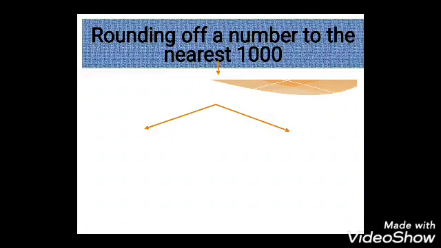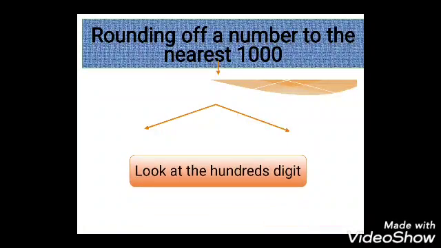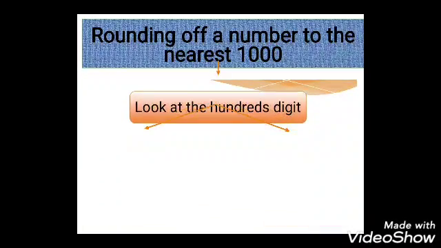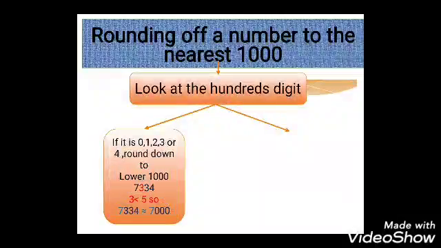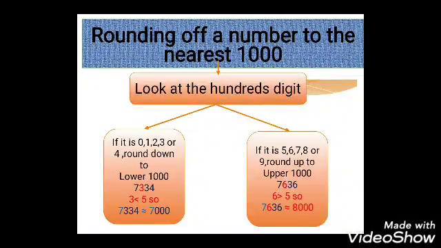So rounding off a number to the nearest 1000. Here we have to look at the hundreds digit. The rule remains the same. So the digit at hundreds place is greater than 5.